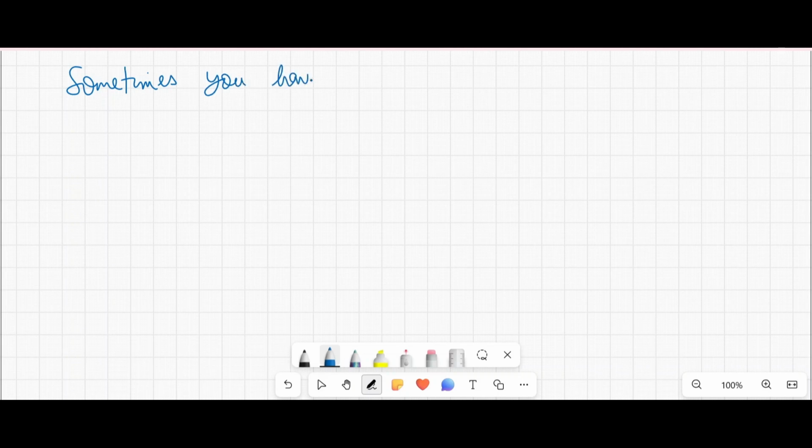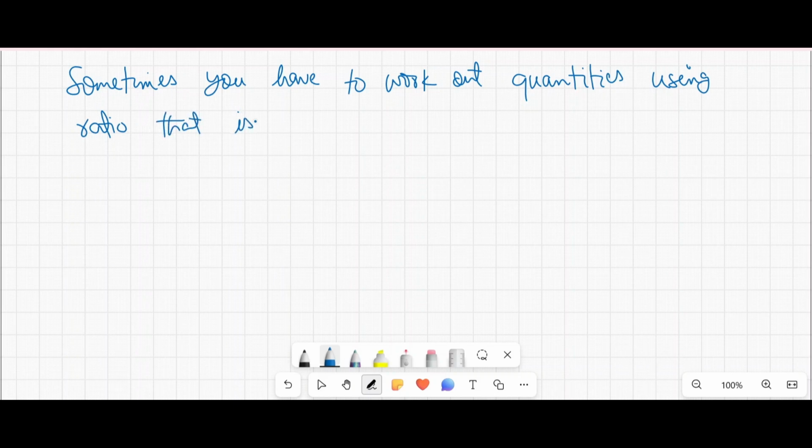Sometimes you have to work out quantities using a ratio that is not in the form 1:n.